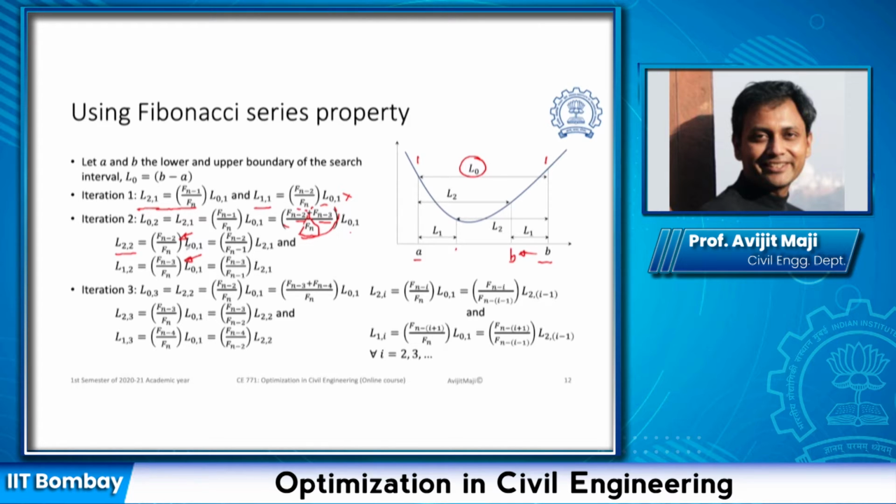Now this one can be reasonably written with respect to the new boundary condition as well, and L1 can be written with respect to the new boundary as well, and it can be transformed using this particular relationship.